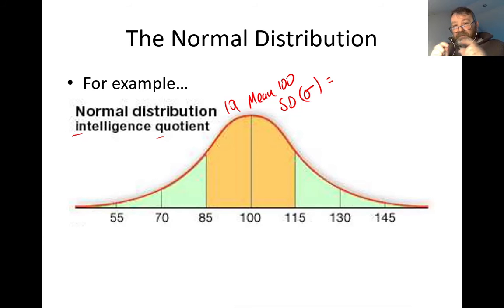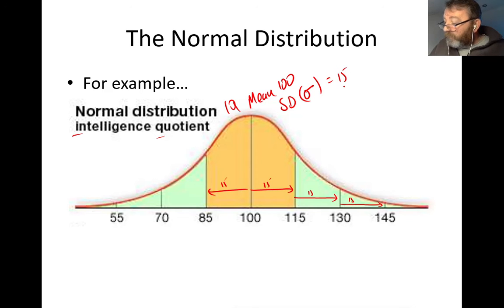The standard deviation is the number of units between the mean and the first bar either side of the mean. So if I go from there to there, or there to there, what do I notice? There are 15 units either side. And if I go from there to there, that's another 15. And even from there to there, that's another 15. So I have standardized the deviation into 3 bundles either side of the mean of 15 units each.